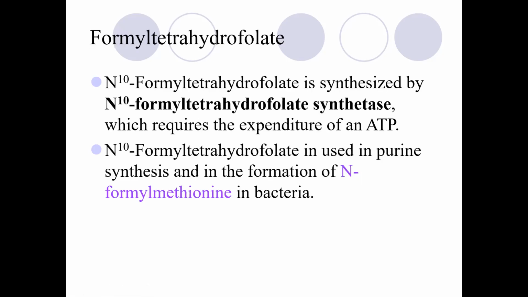And tetrahydrofolate can also carry the single carbon group in the form of a formate. So it can carry it as an aldehyde. The N10 formyl tetrahydrofolate is produced by N10 formyl tetrahydrofolate synthetase. The production of the formyl group requires the expenditure of an ATP.